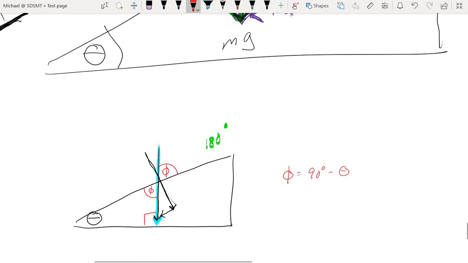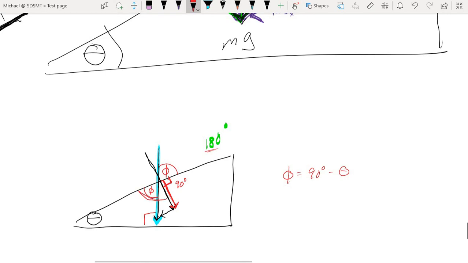And I know that this component of our weight vector has to be pointing perpendicular to the incline. And so I've already used up 90 degrees of the total 180.